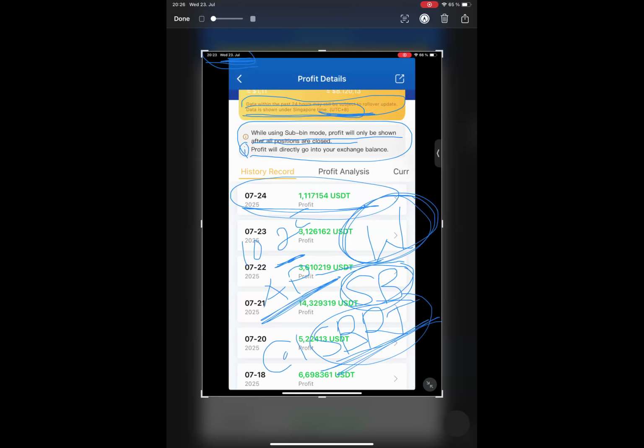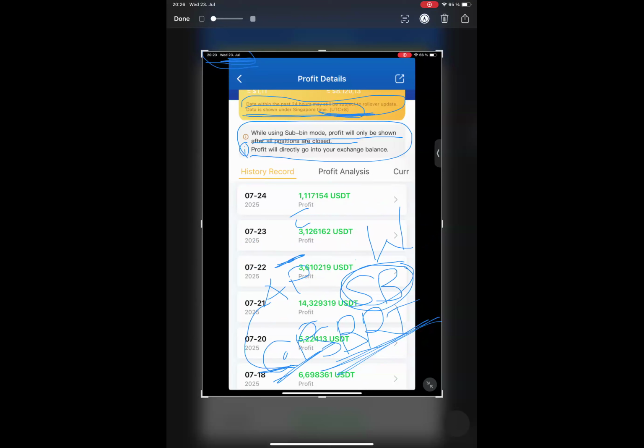It draws it closer to the current price. What is current price? Current price is the market price, the actual price of the coin you are trading. So the robot uses the profit to draw the average price closer to the current price, so that once the current price goes up above the average price, it can sell. So that is the use of the sub bean.